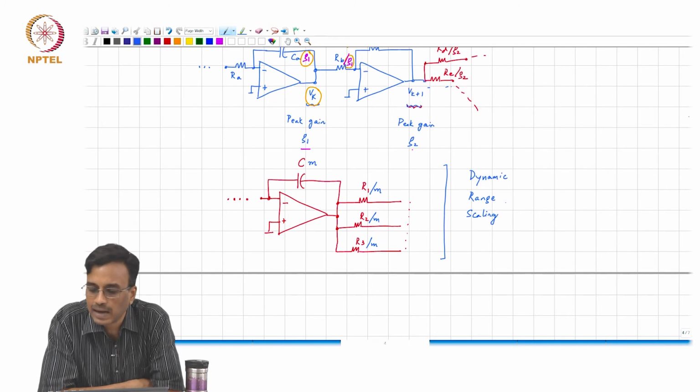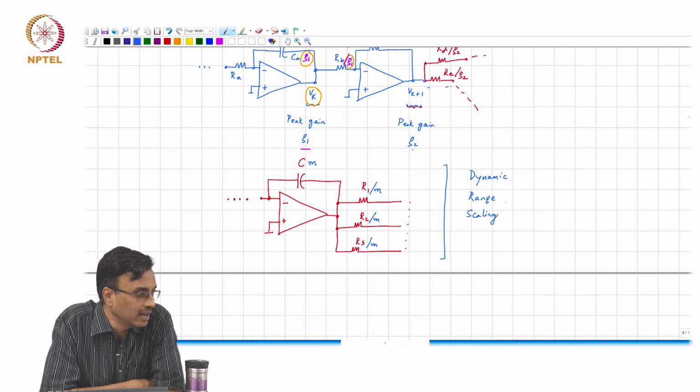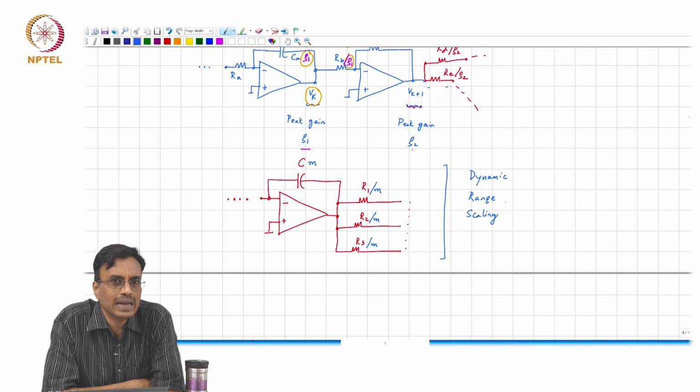After dynamic range scaling, what comment can we make about the peak gains at the outputs of every op amp? They are all 1, right. So, therefore, no single op amp prematurely limits the peak swing that you can put into the filter, okay.